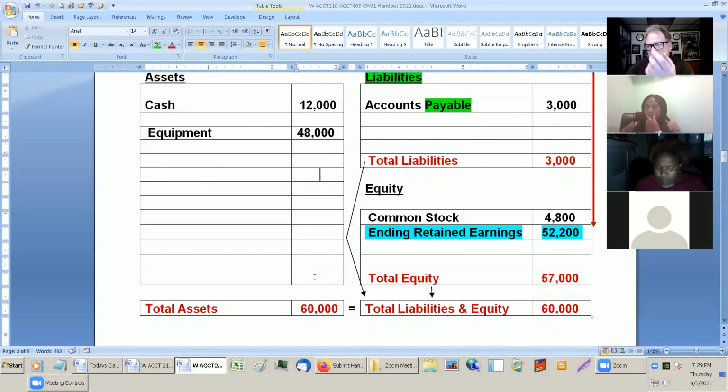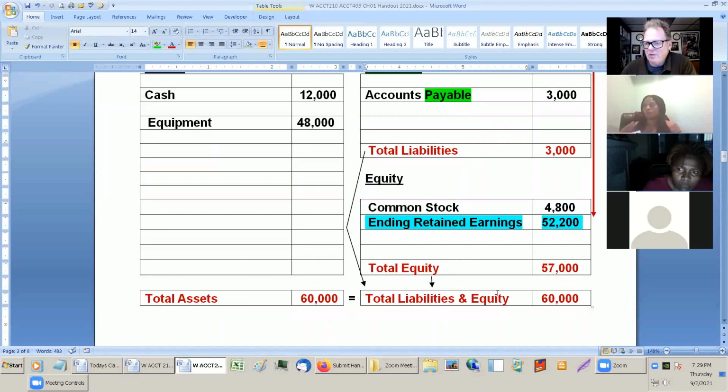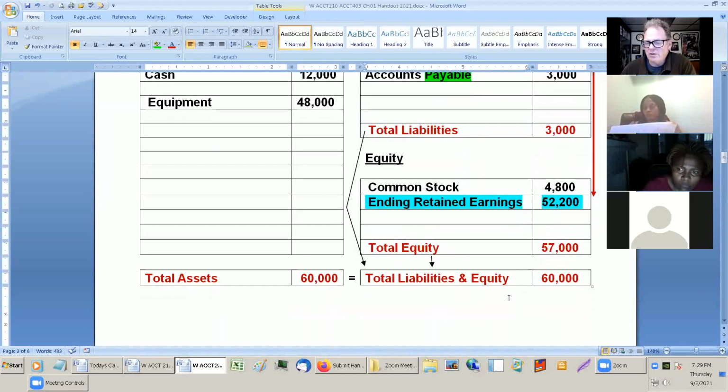They got 60,000. You can get a lot more information. Say I'm an owner, but I'm not in the business itself. The business is separate. I can look at these financial statements and know how my investment's going, and it will help me decide whether it's doing well or not.